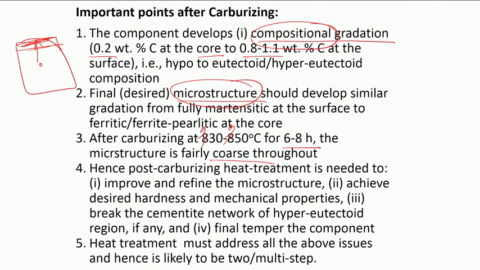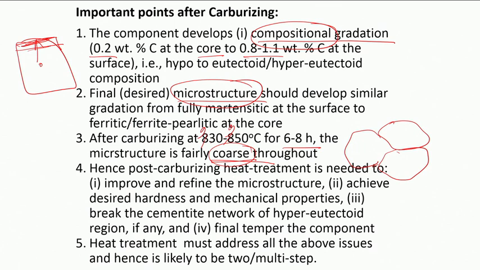What you develop throughout is a very coarse microstructure, so the typical crystallite size would be fairly coarse. Now, this is good for converting into martensite, but not so good for retaining toughness in the core. So this core microstructure is to be broken and converted into a finer microstructure. So we need grain refinement.